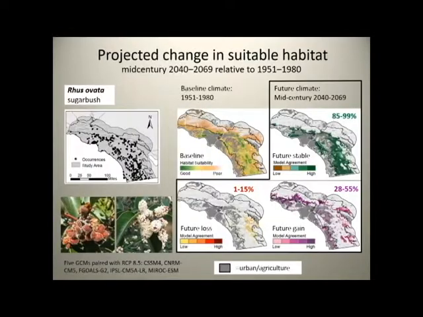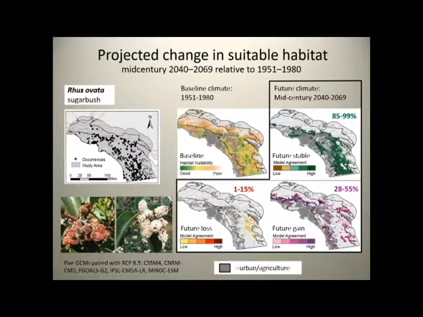And this is just an example for one taxon. This is sugarbush, Rhus ovata, where we are looking at the occurrence data at the top left with the black dots. And then we have the baseline habitat suitability projected onto that geographic space, where the dark green is where there's the highest probability of suitable habitat.